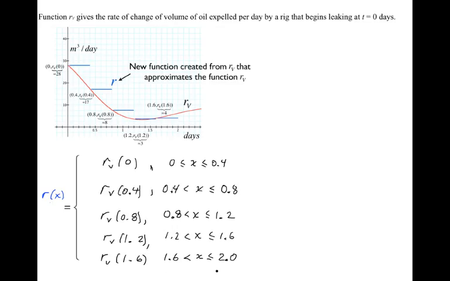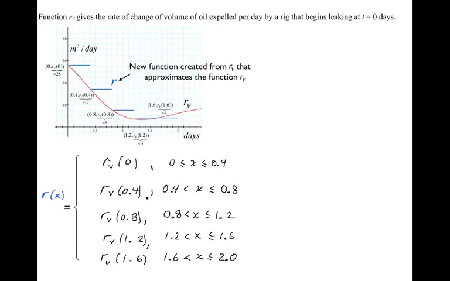And so now this way of defining the function should agree with those little practice ones we had. What was the first one? R of 0.5? How would we use this definition to find R of 0.5? We'd ask, where is 0.5 in here? Well, 0.5 is in this domain, and so if x is 0.5, then the value of R is R sub v of 0.4.